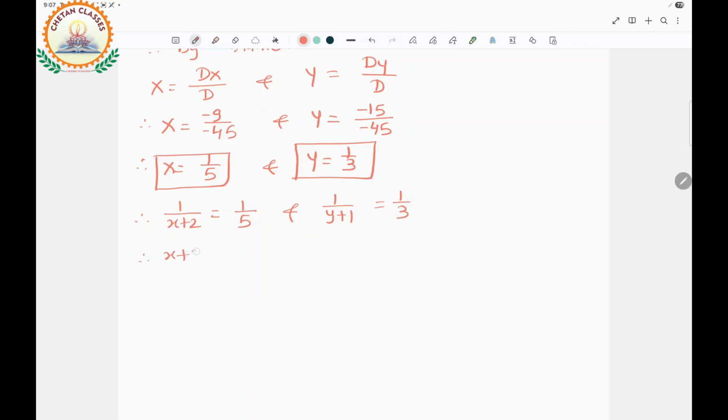Take reciprocal. So x plus 2 is equal to 5 and y plus 1 is equal to 3. Therefore, x is equal to 3 and y is equal to 2. So the solution of given equation is 3, 2. Okay.